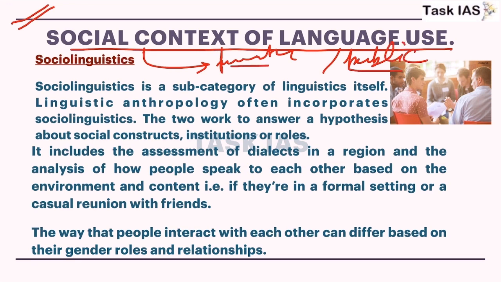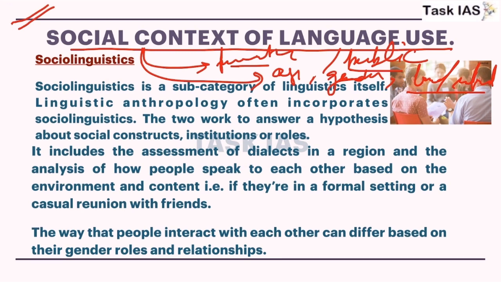You can relate how you talk with your friend and how with a teacher or a boss in a very formal environment. Another factor is with whom we are talking. That means age, gender, formal or informal relationships. These factors also influence how we communicate.